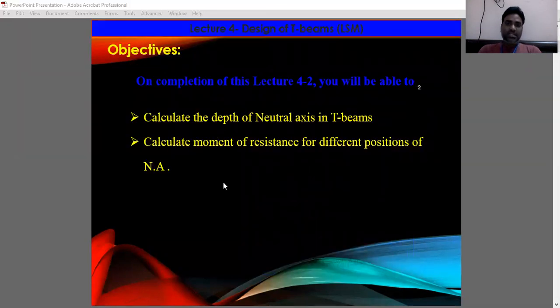After completion of this lecture, you will be able to determine the depth of neutral axis in T beams and the moment of resistance of T beams, because the moment of resistance of T beams depends upon the position of the neutral axis. So we will discuss how to determine the depth of neutral axis, and based on that, how to determine the moment of resistance as per IS 456 2000.